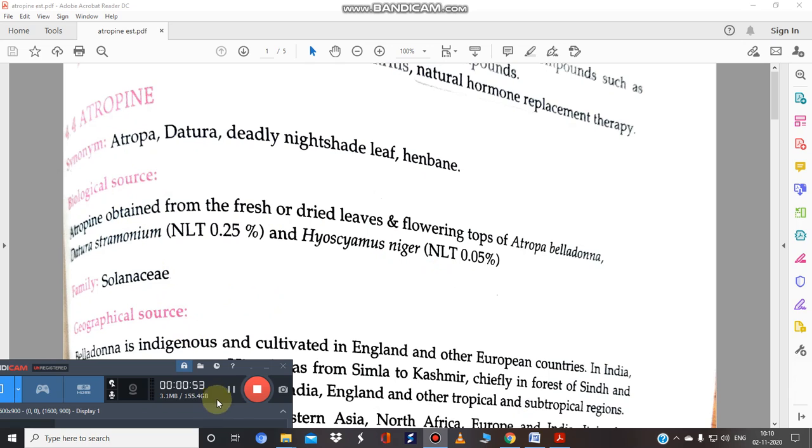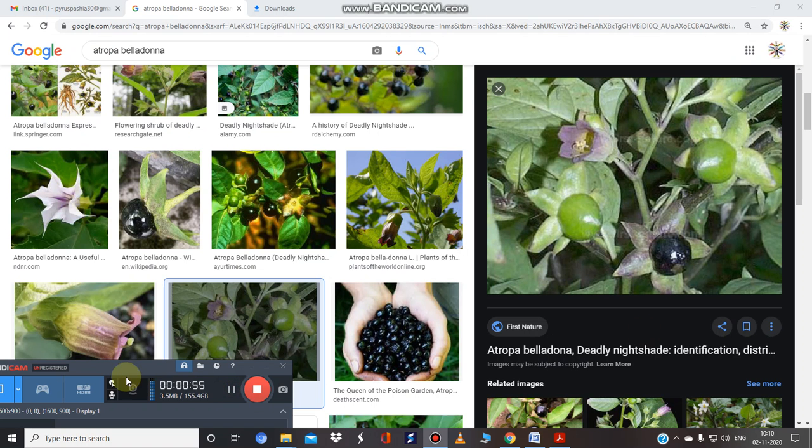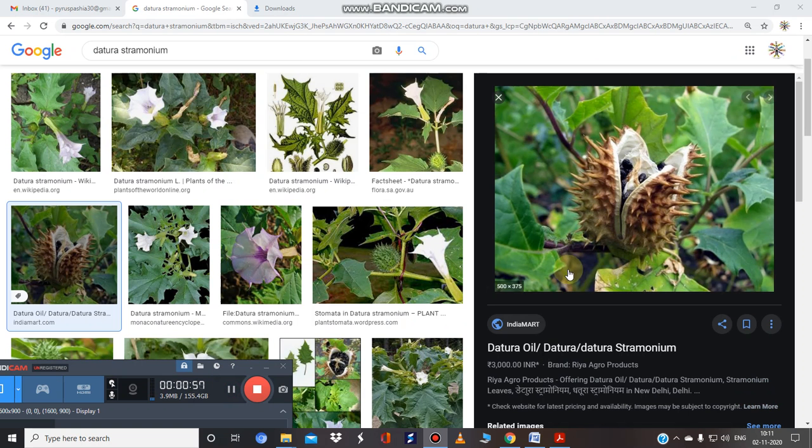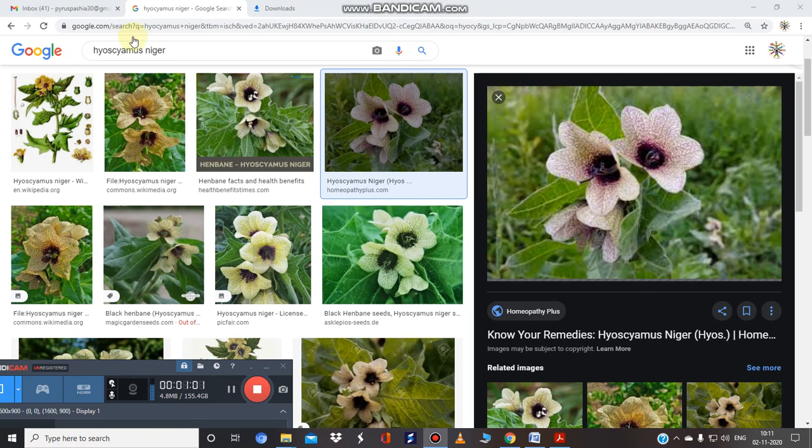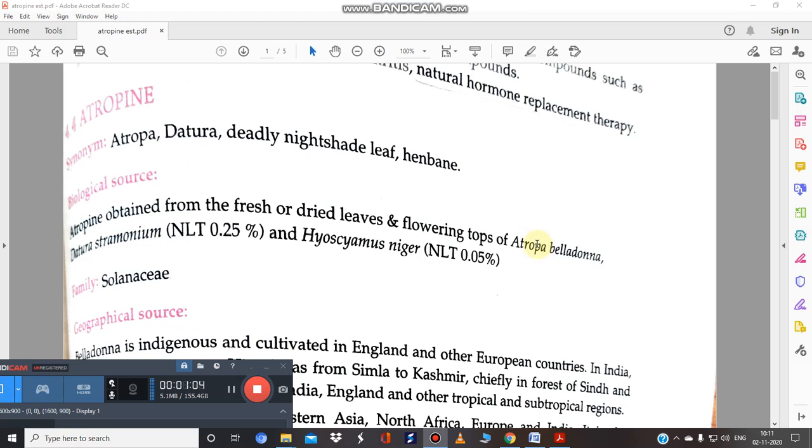This is Atropa belladonna, this one is Datura stramonium, and this is Hyoscyamus niger. They all belong to the same family, that is Solanaceae.